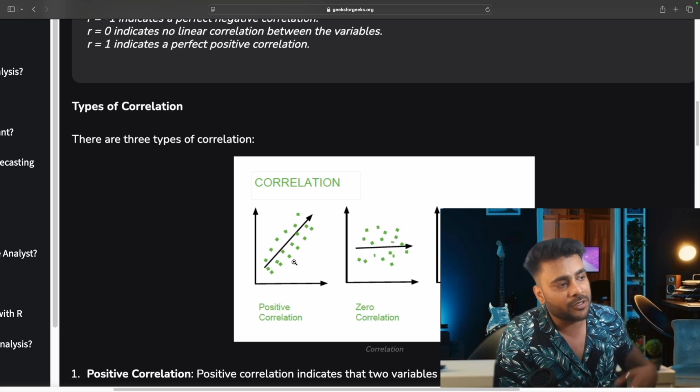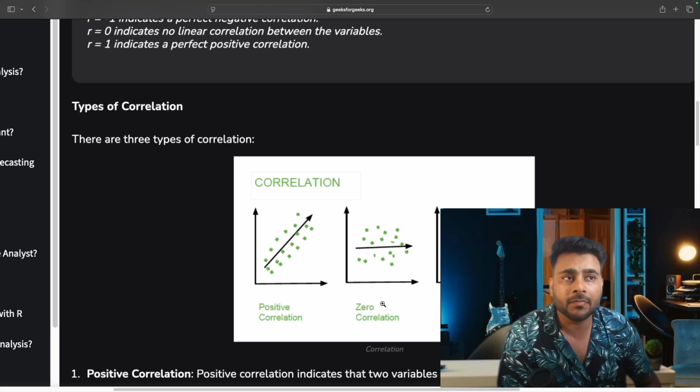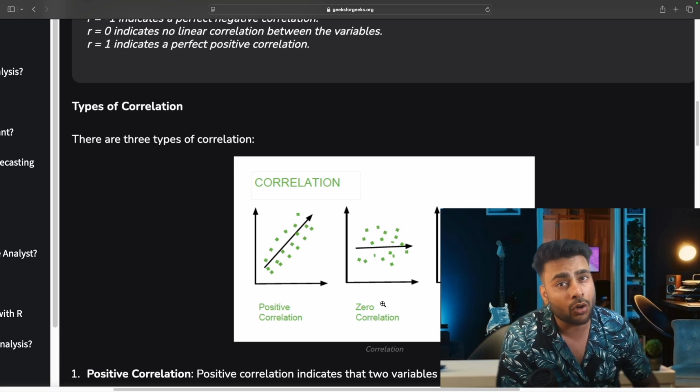The second type, as you can see, is called zero correlation. For example, I could say education basically helps you to get more salary. But in today's day and age, there is no strong correlation between your qualification and your earnings, because a person who might not have the level of qualification as yours might be earning a lot compared to you.